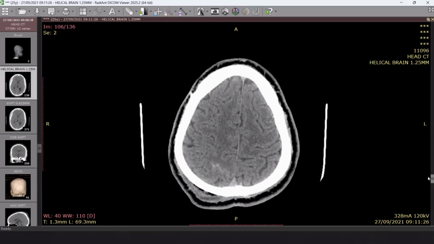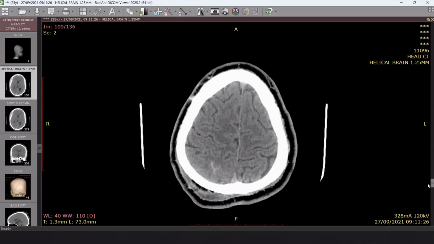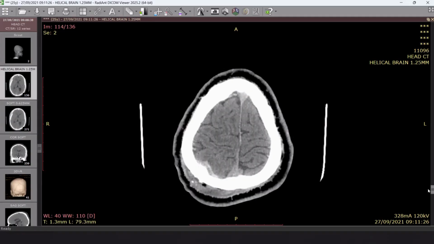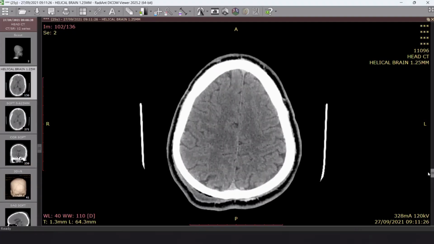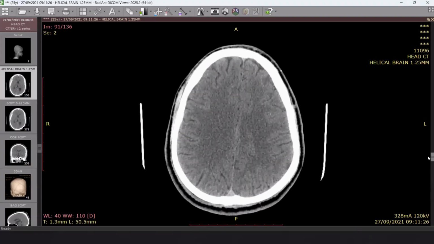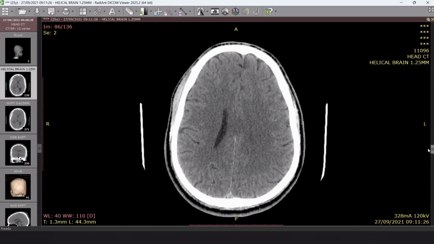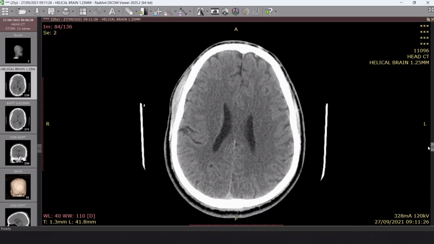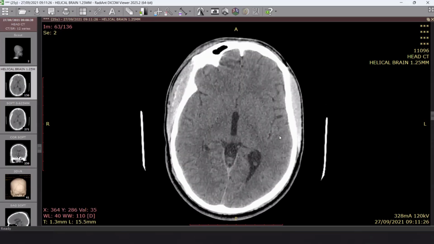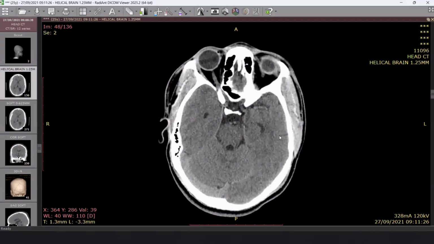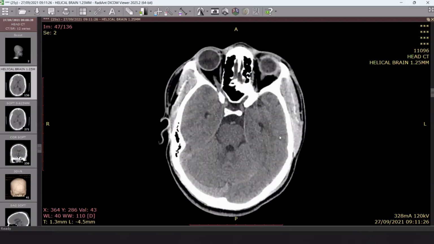So I would like to check for the countercoup lesion on the opposite side, which I can't see. Anything in the left frontal? I would like to emphasize one point here, please. For all the audience, the countercoup is more likely to appear at the temporal region.